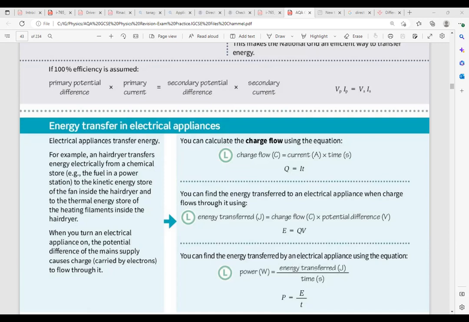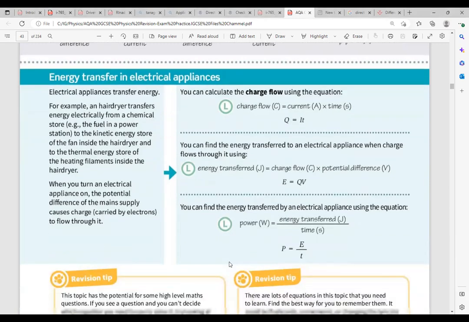If you divide E by T on the left-hand side of the equation, you have to divide on the right-hand side too. So you're going to have Q over T here. So power equals Q over T, which is I, times V. So power equals energy per unit time. Okay.